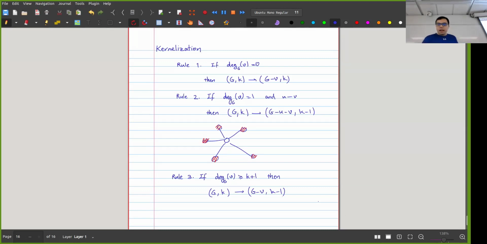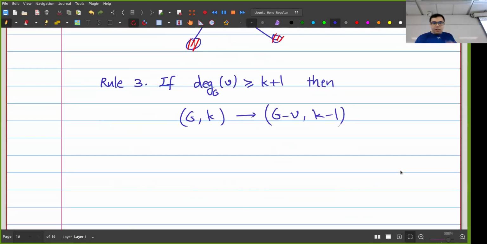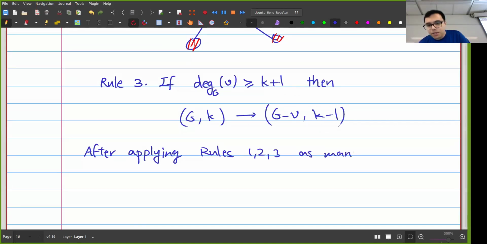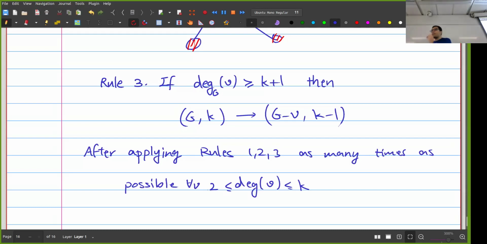After applying rules 1, 2, 3 exhaustively, I know that the degree of every vertex is somewhere between 2 and k. And by the way, my k might have changed already, because sometimes when I apply a rule, my k goes down.